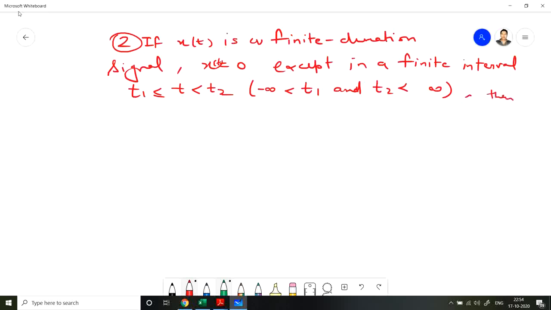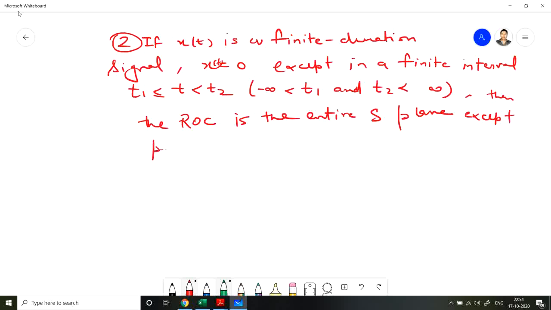Then the region of convergence, then the ROC is the entire S plane, except possibly s is equal to 0 or s is equal to infinity.